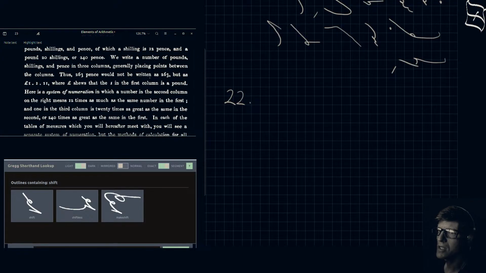Thus, 263 pence would not be written as 263, but 1 pound, one, and then ... where pound shows that the 1 is in the first column in a pound.